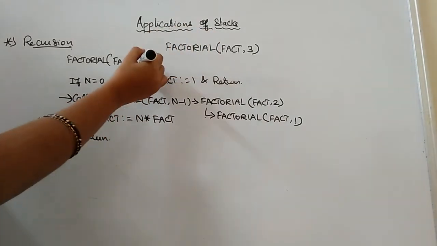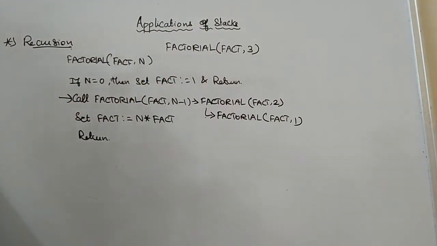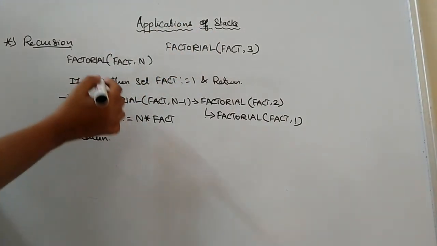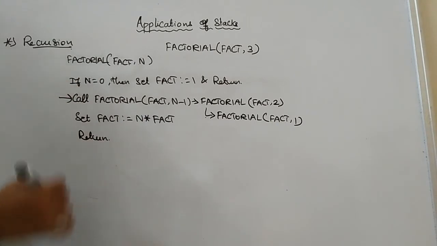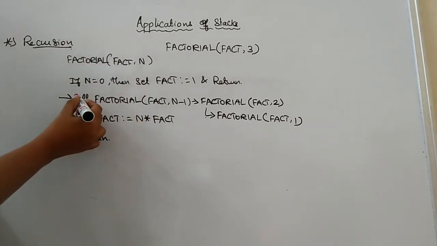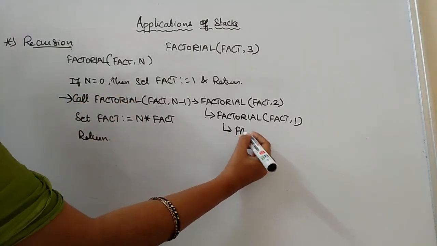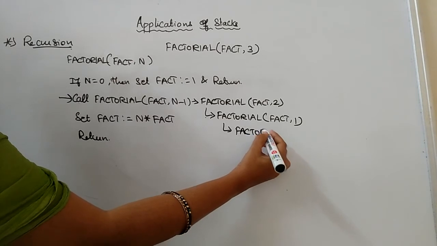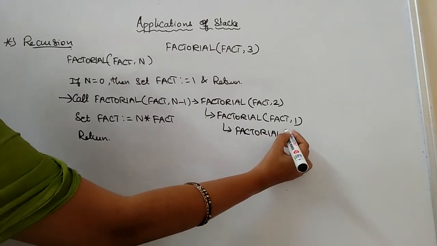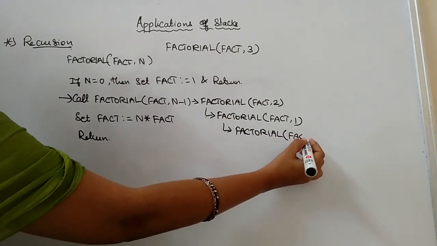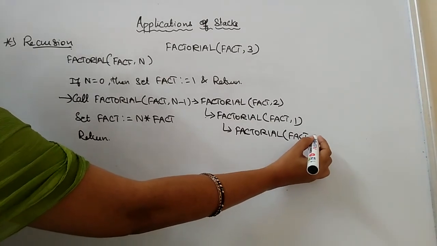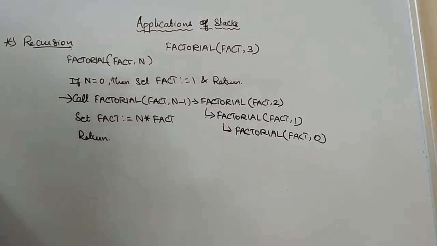This 1 is received by n and the condition is checked. Condition failed. Again program control comes to this place and calls factorial of fact of n minus 1, which means 0.